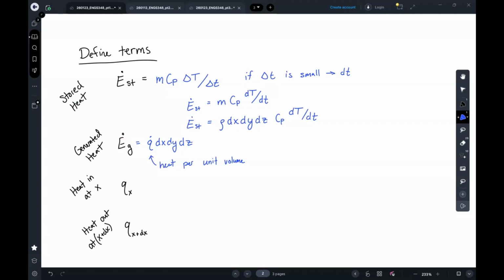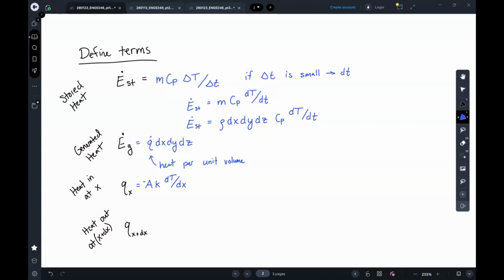All right. The heat in at x and the heat out at the other side, x plus dx, we'll treat individually. So first we'll do the heat in at x. If it's by conduction, the total amount is the area of that side of the cube times thermal conductivity times d temperature dx.